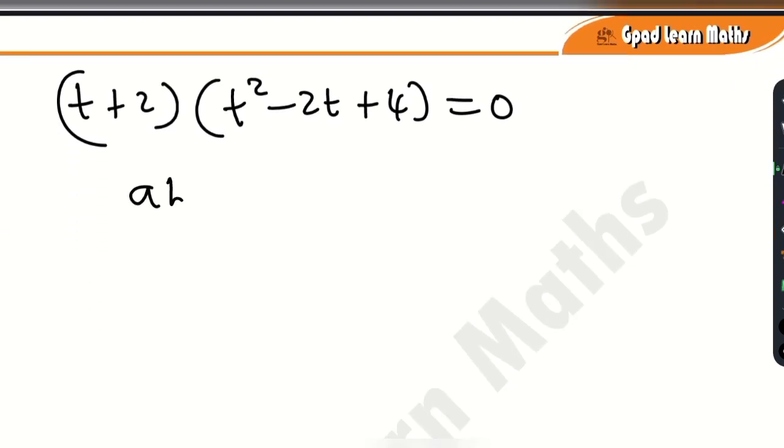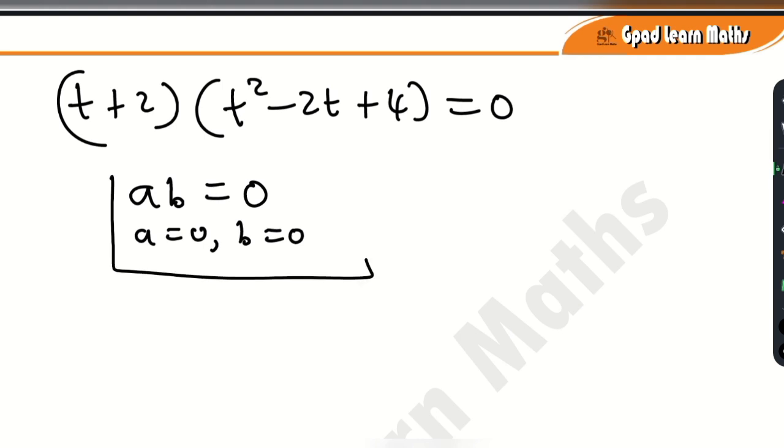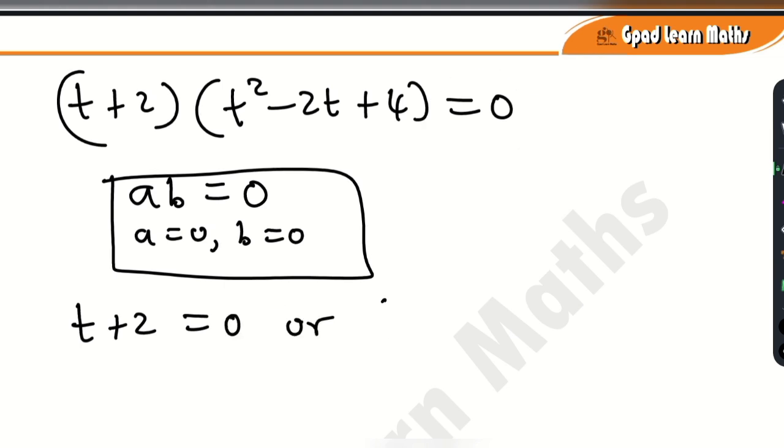If you have AB equal to 0, it means that either A is equal to 0 or B is equal to 0, or both of them are equal to 0. So using this, I'm going to have that t plus 2 is equal to 0 here, or t squared minus 2t plus 4 is equal to 0.